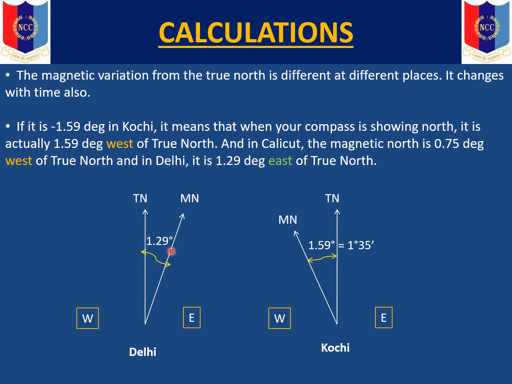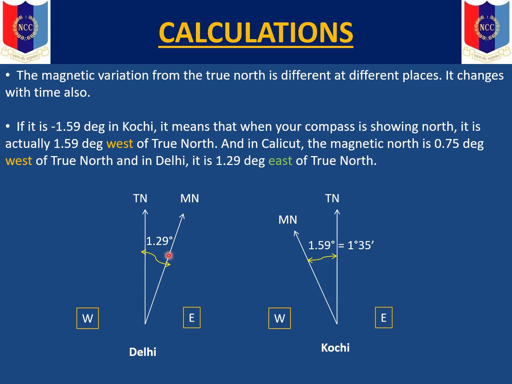Then if you are required to convert the magnetic north into true north for Delhi, you have to use the negative sign here, which means the angle has to be measured anti-clockwise from the magnetic north, right? Which means the true north lies towards which direction?